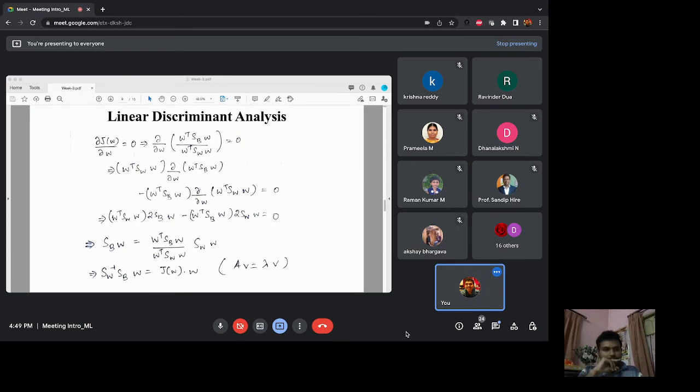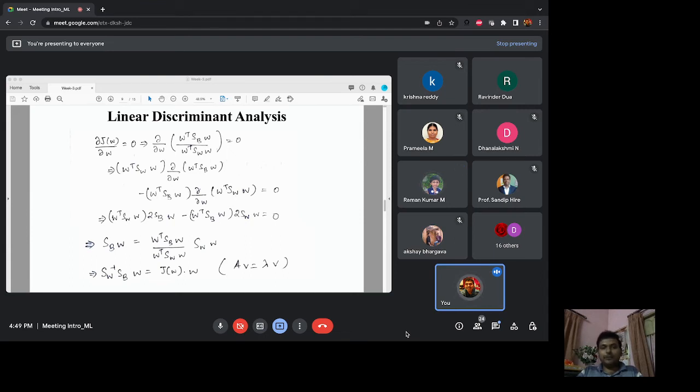Yeah, so I understood what Raman was saying here. There is one small catch: when you are taking the derivative, you cannot just take SB out, because SB is within the W transpose SBW part.